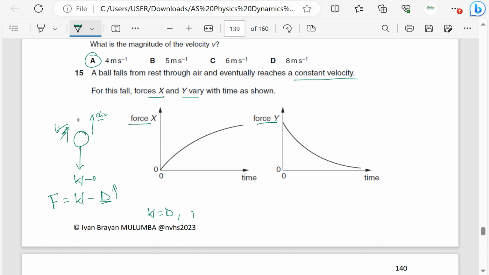It means the velocity remains constant at that point. So the viscous drag will remain constant when it is equal to the weight.